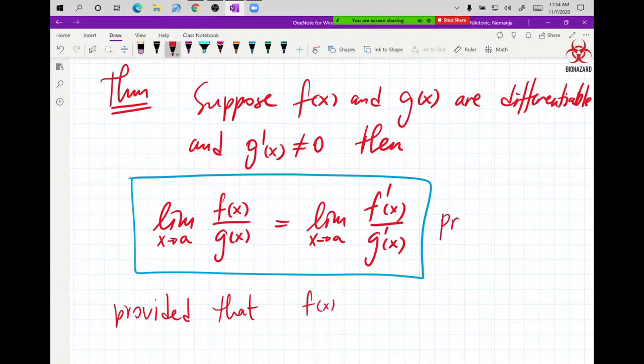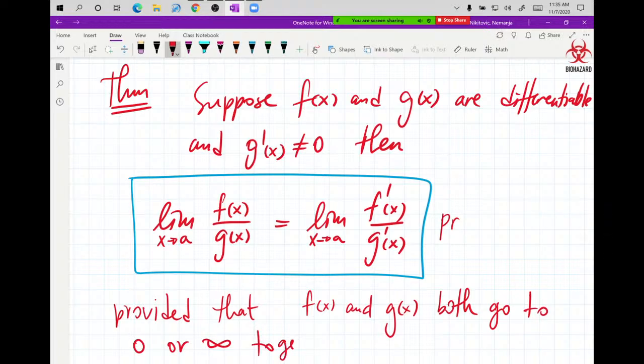f of x and g of x both go to 0 or infinity together. Let's go, both go to 0 or infinity together.